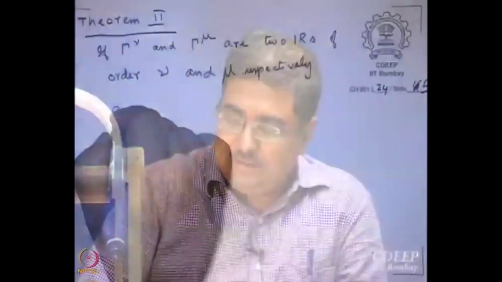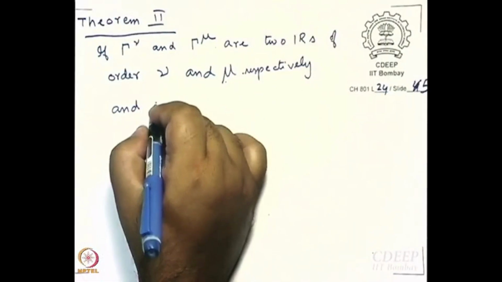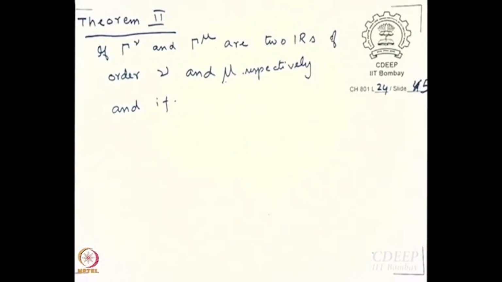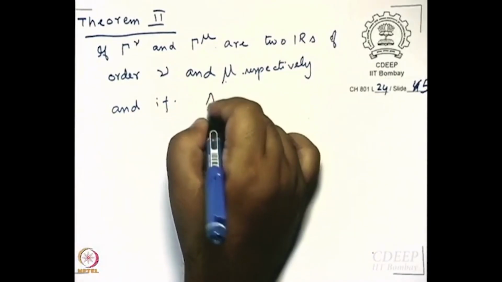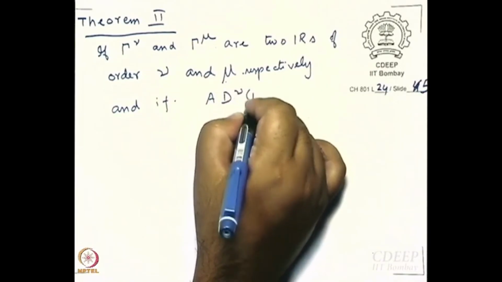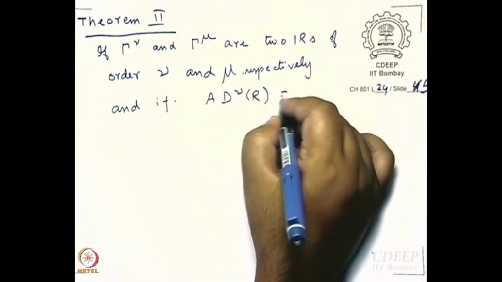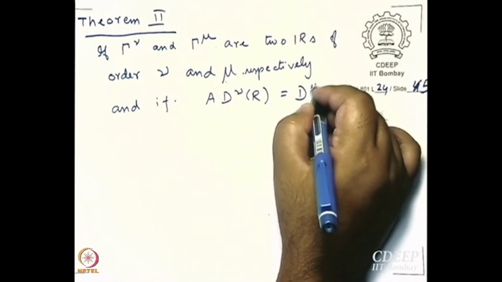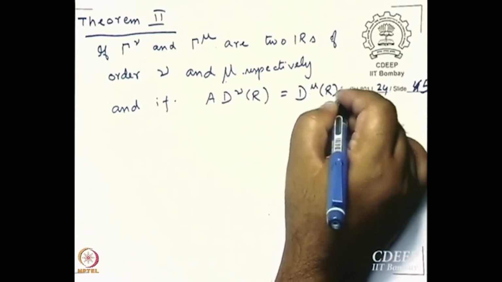Okay, that is why. And also it looks more serious. Okay, so let us say these are two irreducible representations of order nu and mu respectively, and let us say you have a matrix A such that A d nu r is equal to d mu r A.